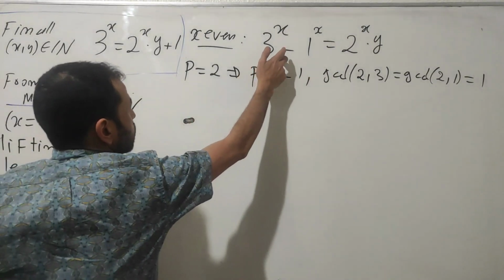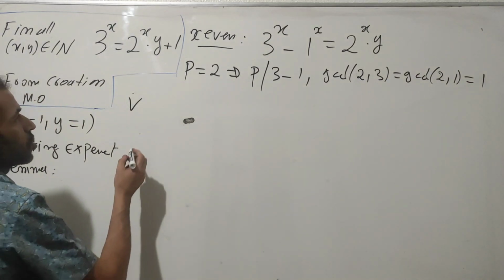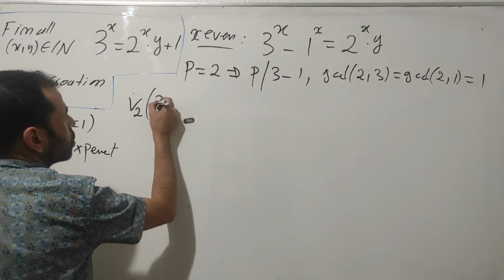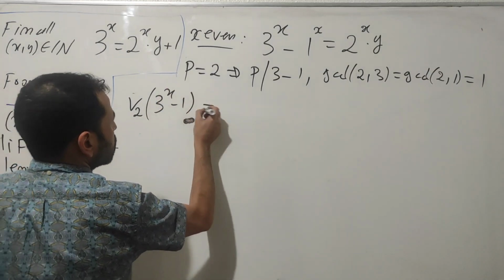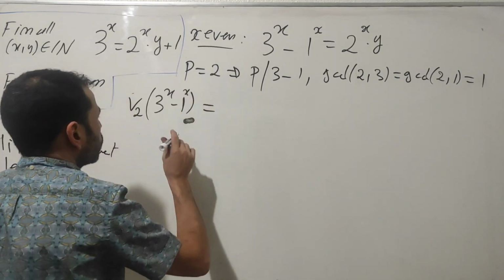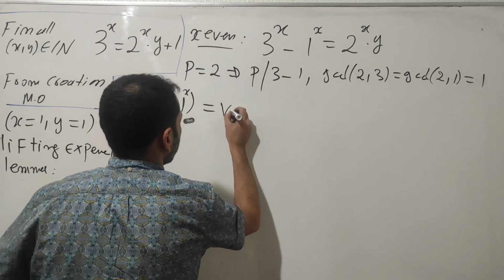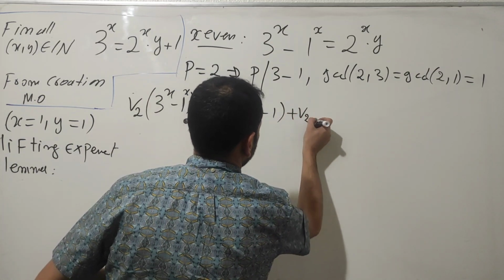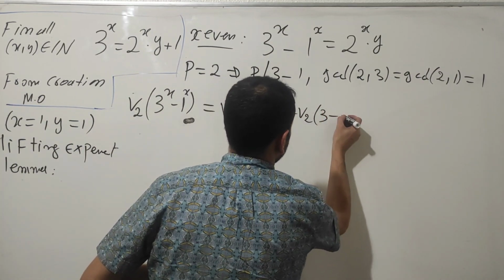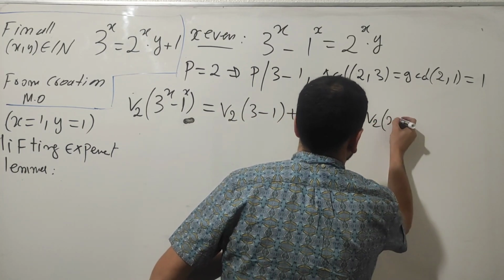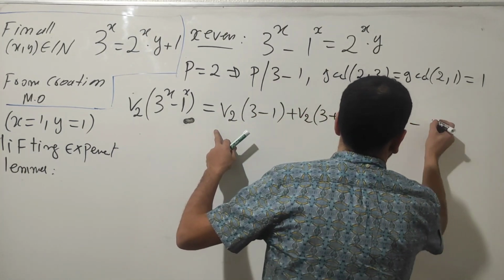On the left hand side, I get v_2 of 3 to the x minus 1 raised to the x. As we saw before, this is going to be written in the form of v_2 of 3 minus 1, this difference, plus the sum of these two integers, plus the exponent x minus 1.